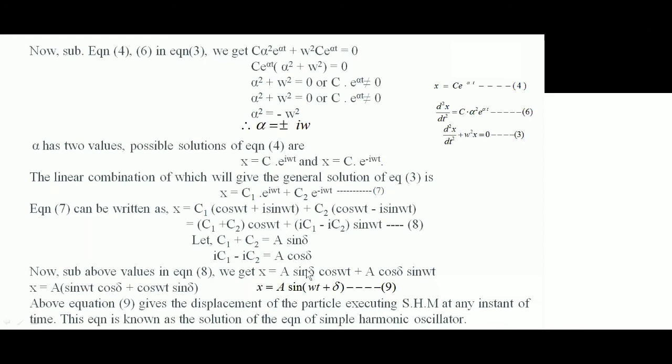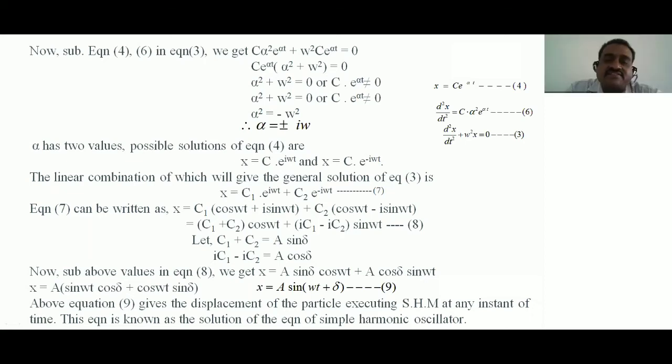Sir, why did we take c1 plus c2 equal to A sin delta? Always that constant is the amplitude. We take particle displacement in simple harmonic motion, generally without initial phase, as A sin theta.